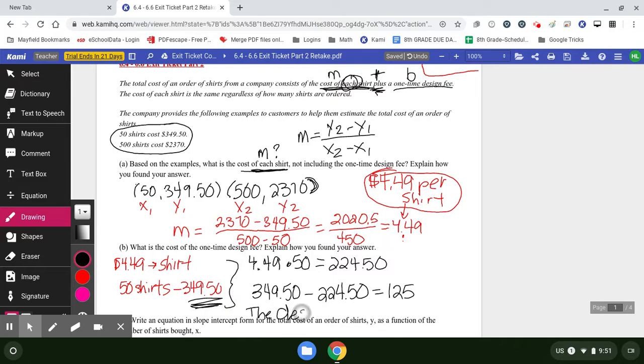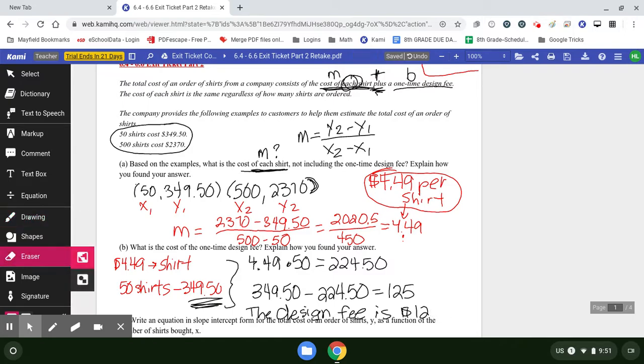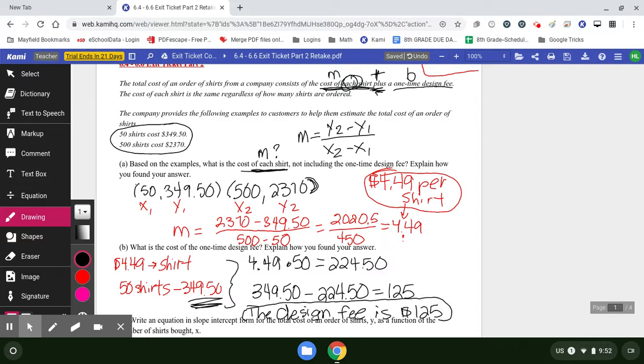The design fee is $125. So that's where I get both my slope and my y-intercept, which is going to lead us into the last problem.